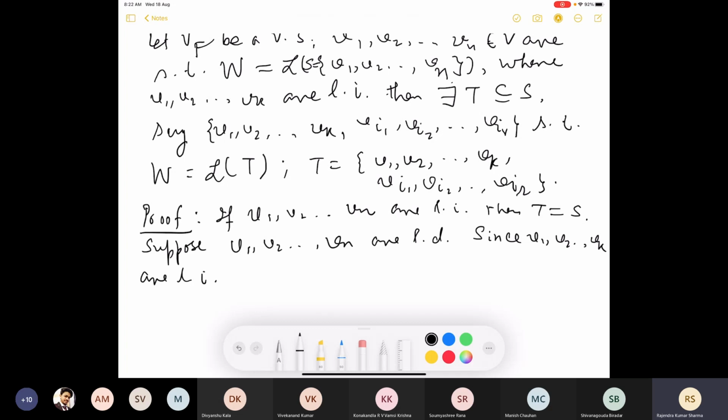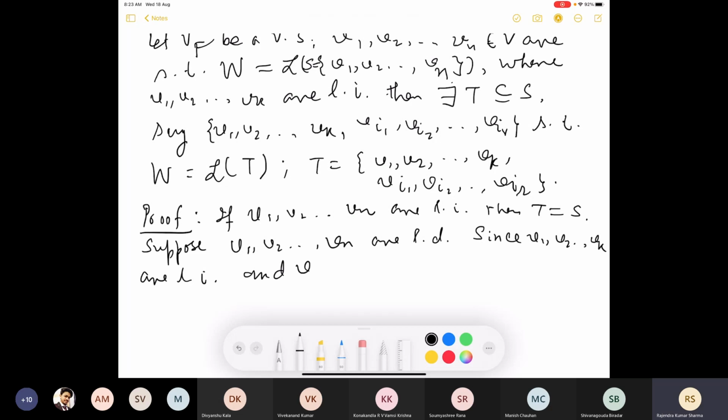And we can therefore have some Vj that is a linear combination of the remaining.